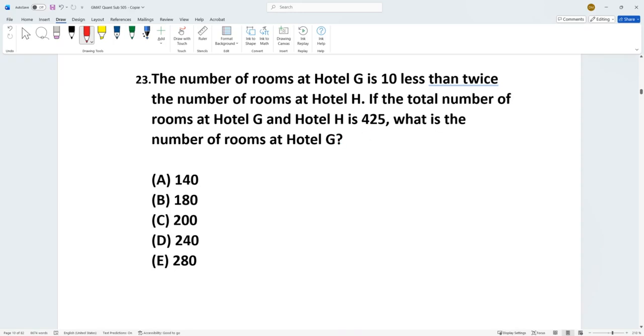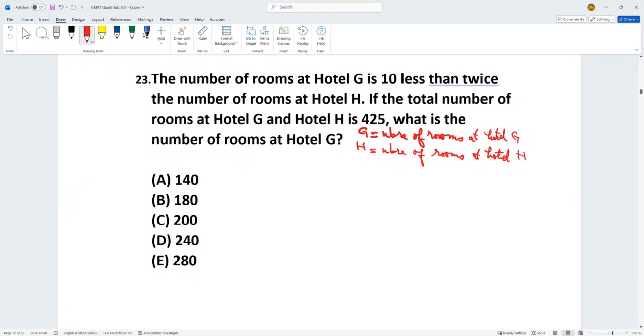So we can say that G is equal to the number of rooms at Hotel G, and H is the number of rooms at Hotel H.